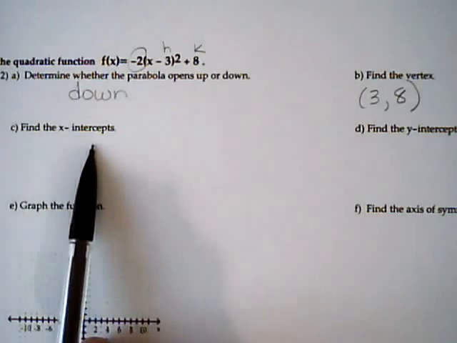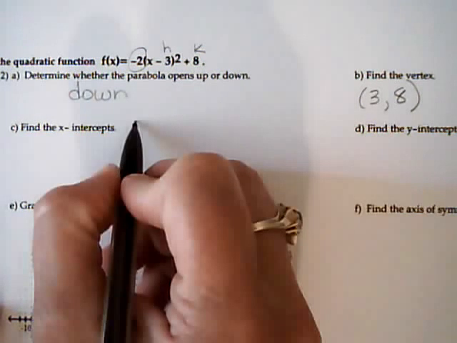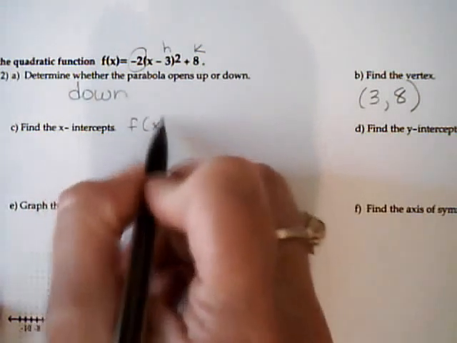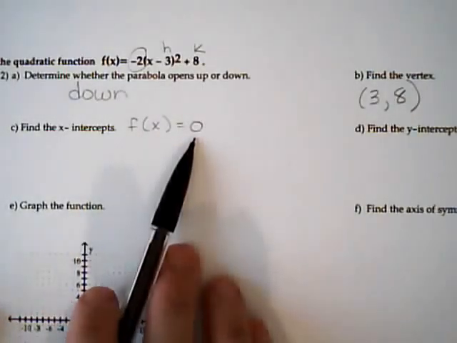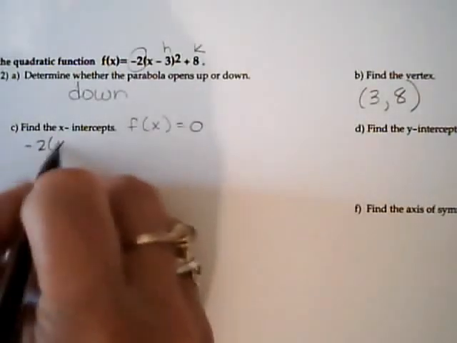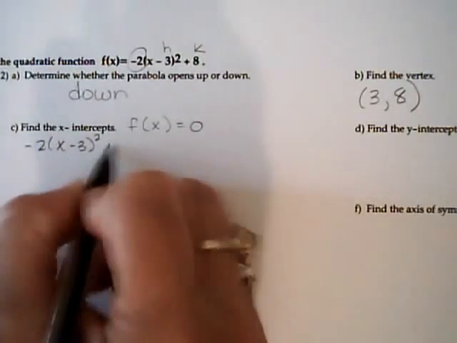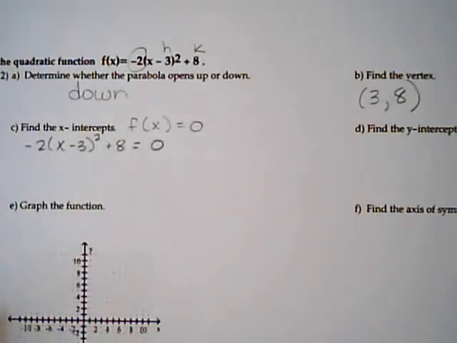Find the x-intercepts. Okay, the x-intercept is the point where that graph is going to cross the x-axis. So you would want to solve for where your function is equal to 0. So if I take my equation, -2 times (x minus 3) squared plus 8, and set it equal to 0, one way we can solve this is by using the square root property, which will probably be the easiest way.